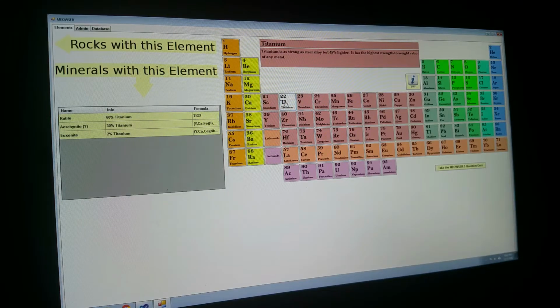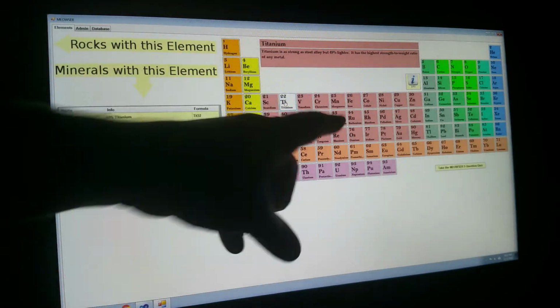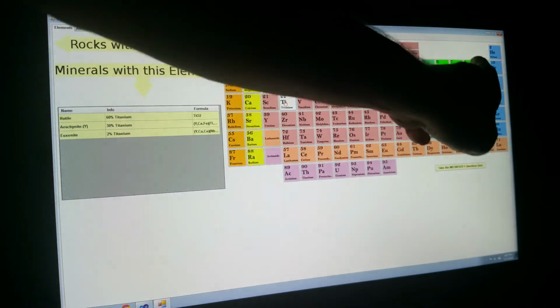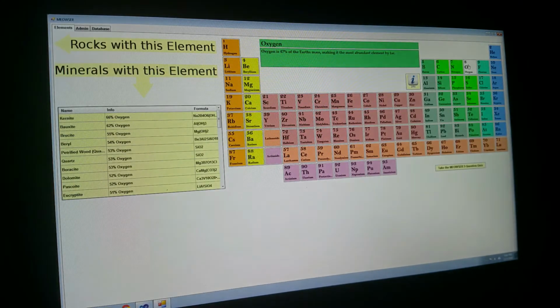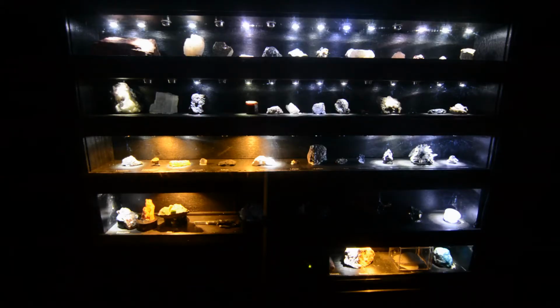And so we'll click around back on the periodic table. Let's click on oxygen. And if I look at the cabinet, oh my, lots of stuff is lit up, and that's because oxygen is the most common element on Earth, 50% by volume actually, so almost every rock has oxygen in it.